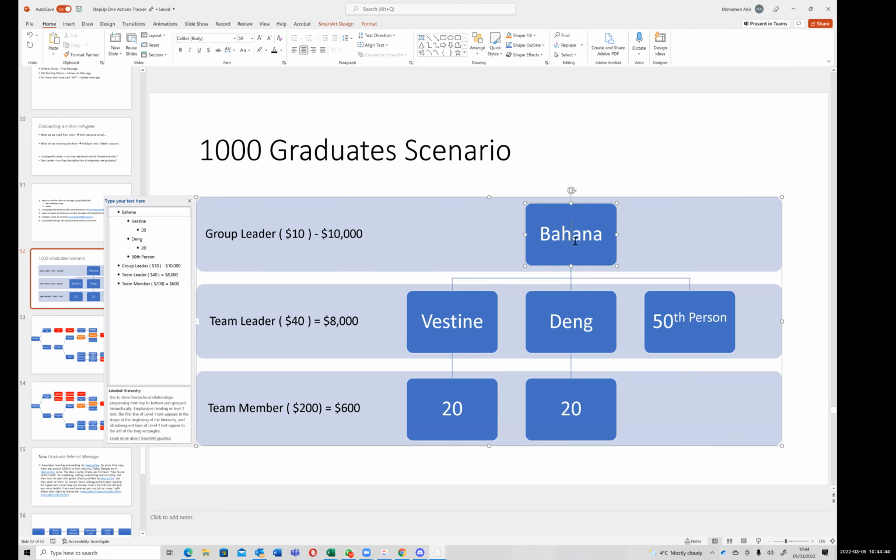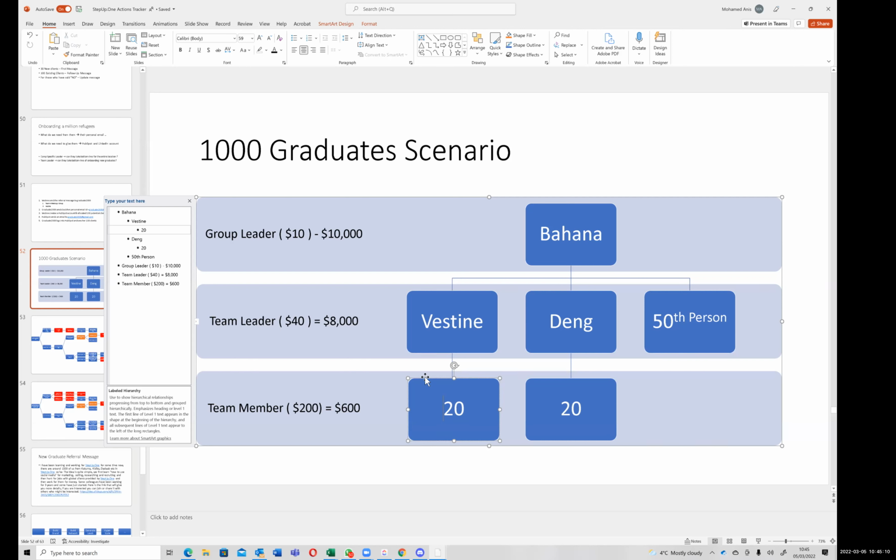The big question is, can a team member become a team leader? I think they can. When they become a team leader, what happens to Westin's team? Let's say one of the persons here moves out and becomes a team leader.